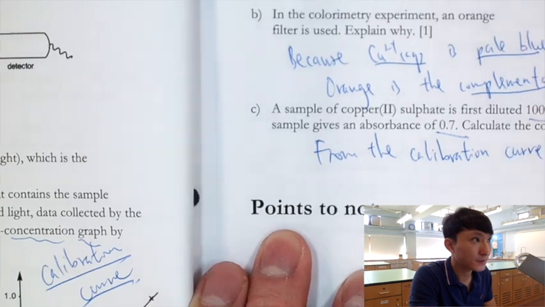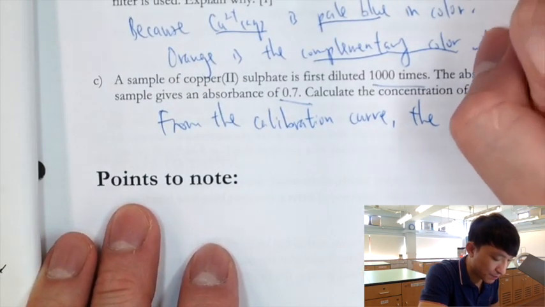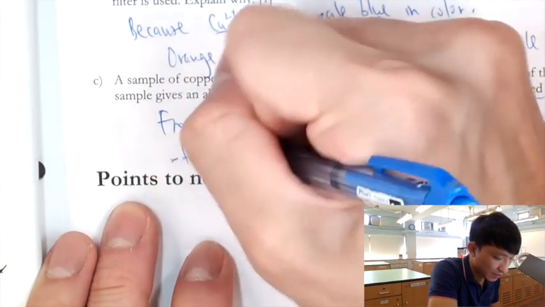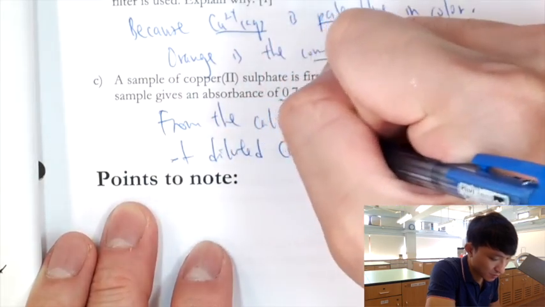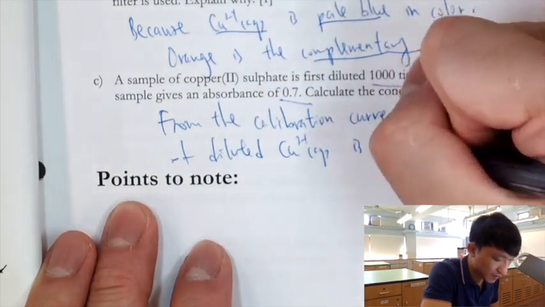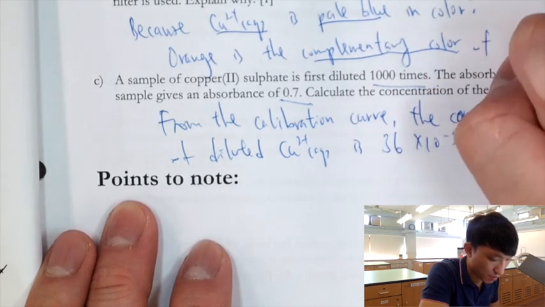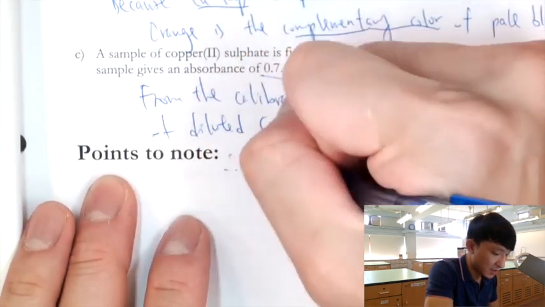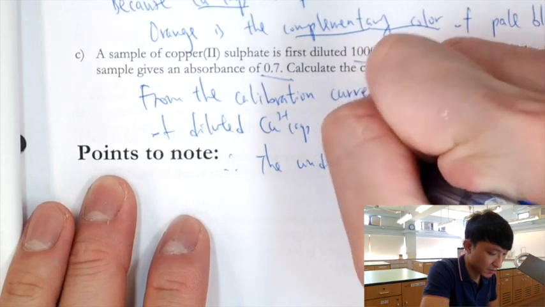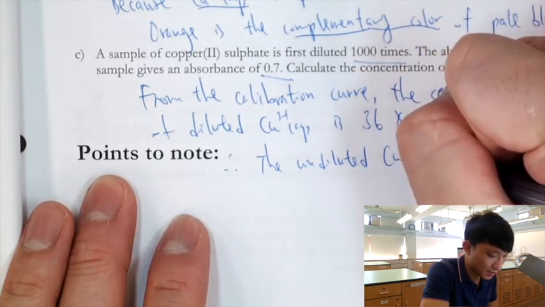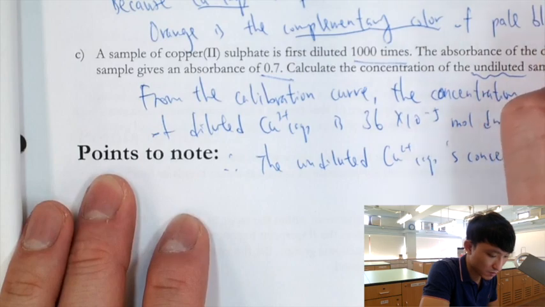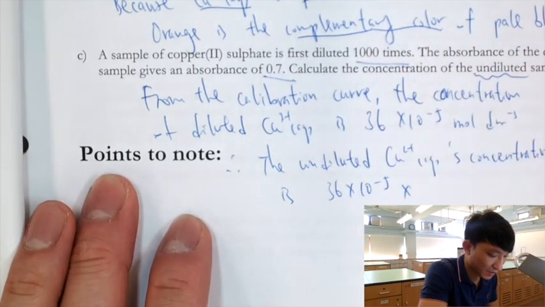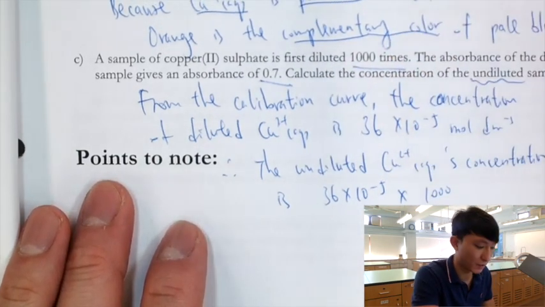So from the calibration curve, the concentration of the diluted sample is 36 times 10 to the power negative 5 mole per dm cube. So the undiluted Cu2+ (aq) concentration is 36 times 10 to the power negative 5 times 1,000, because it has been diluted in the first place.